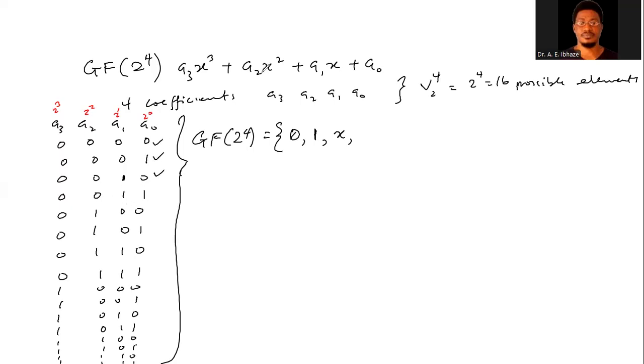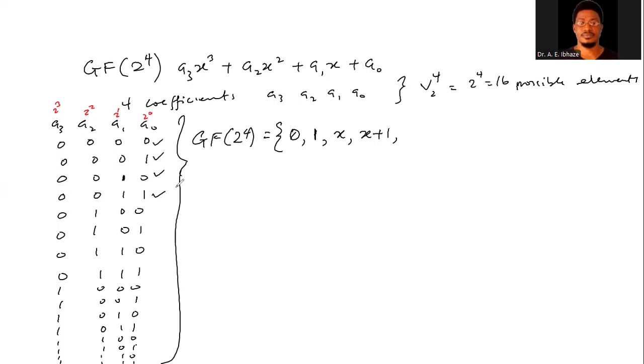So we've taken care of this, this and this. Now A3 is 0, A2 is 0, but A1 is 1 and A0 is 1, so that would be x plus 1, right? Is that clear? Yes, because this is 1 times x, which is x, plus 1, since A0 is 1.